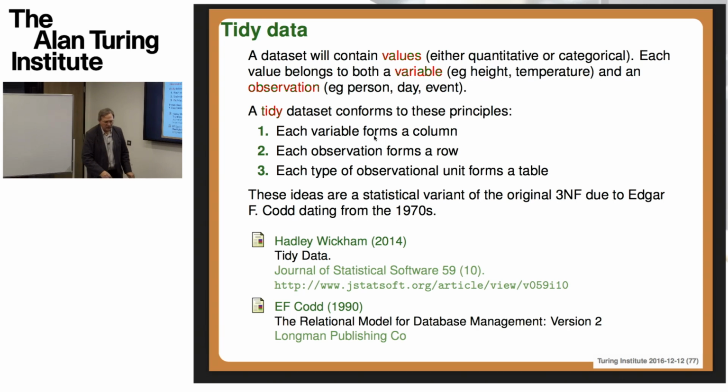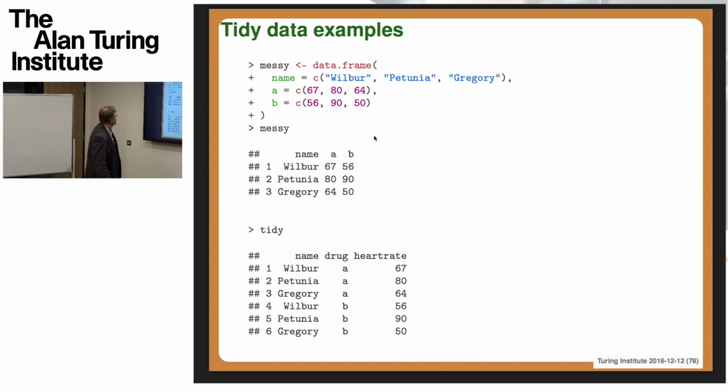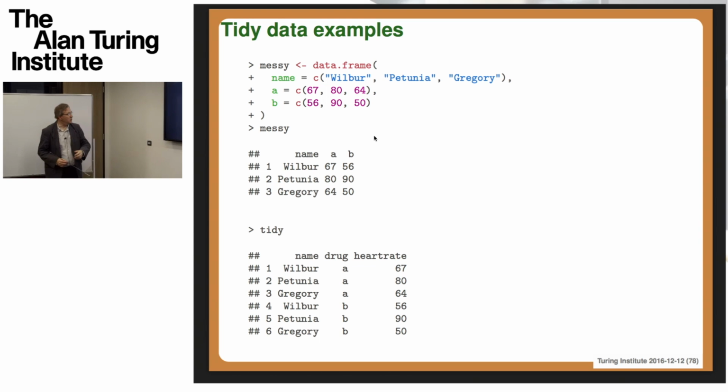Okay, so that's the kind of clear but strong principles for a tidy data set. For example, if we had this data frame in R, let's call it messy, this data frame has 3 variables. It has a name, as shown here, and then values under column A, values under column B. Well, this is quite messy because we are not sticking with those principles of tidy data.